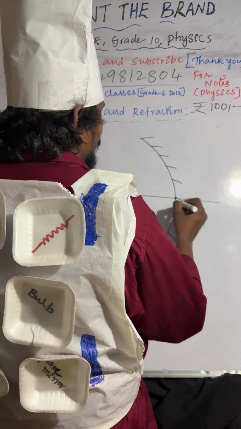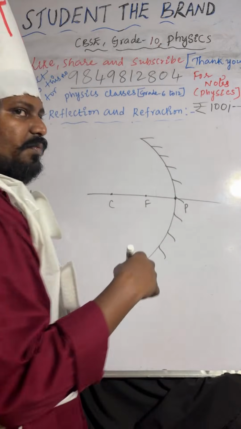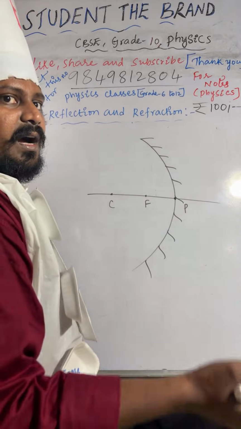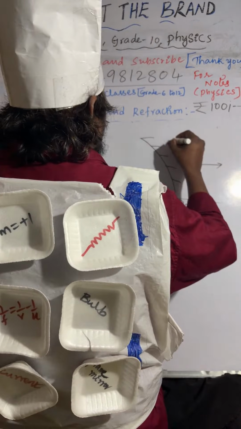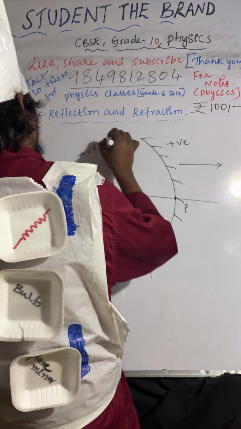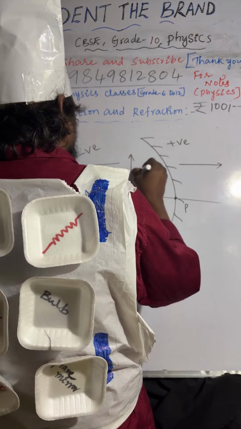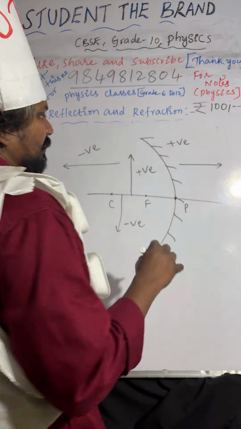This is the pole, focus and center of curvature. All measurements will be taken from the pole. In the direction of incident rays, all are positive. Opposite to incident rays, all are negative. Above the principal axis, all are positive, and below the principal axis, all are negative.